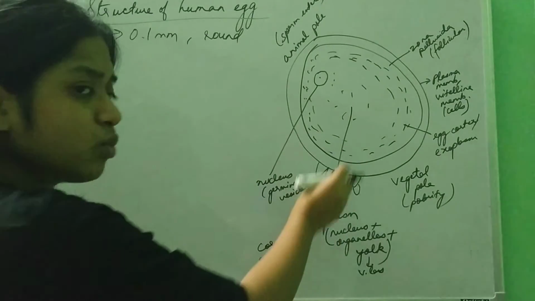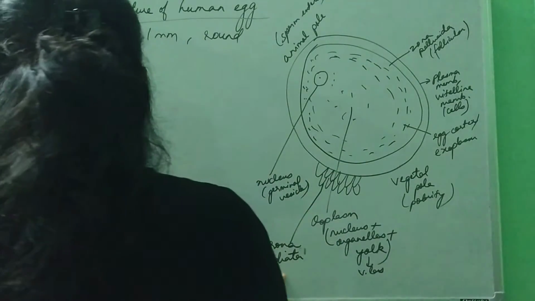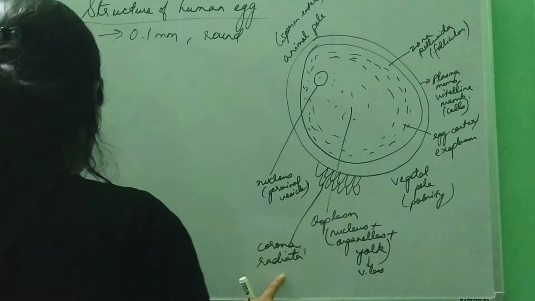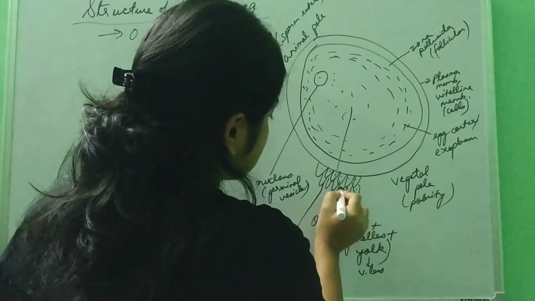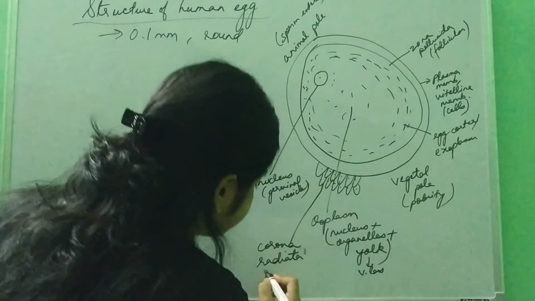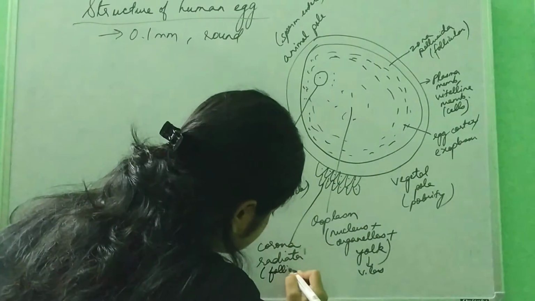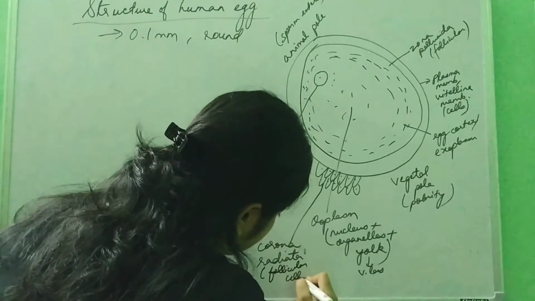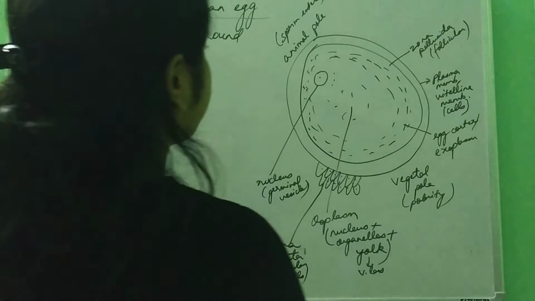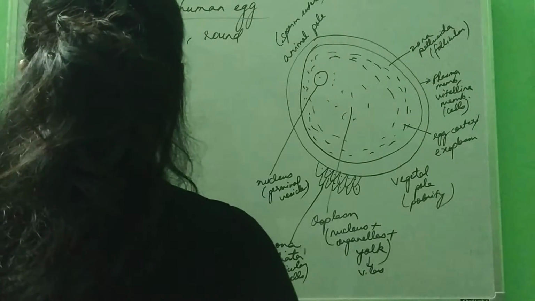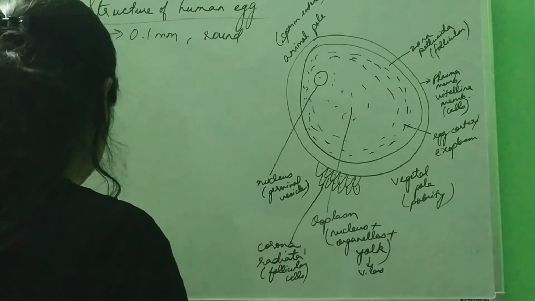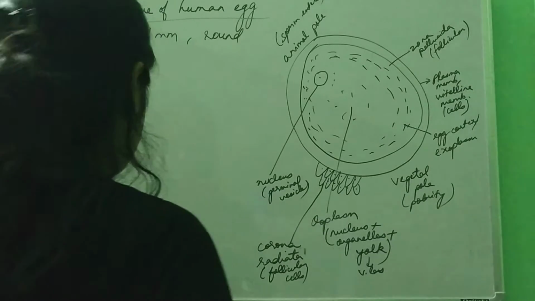It is radiating outwards, so the name is corona radiata. These are also made of follicular cells. So this is the structure of the human egg.